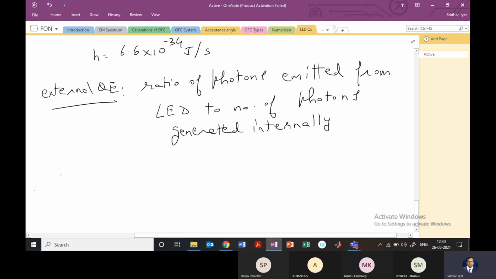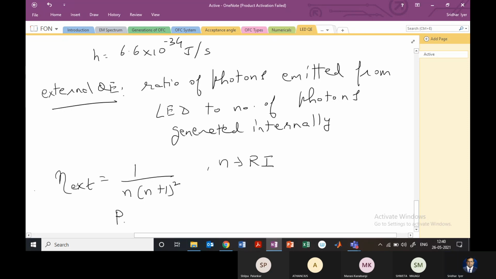We're not going to derive this, but we can use the equations which have been found using experiments. Usually I have not seen numericals on external quantum efficiency; it's only internal which is important. Eta external is given as 1 by n into n plus 1 the whole square, where n is the refractive index, and the corresponding external power will be eta external into internal power.